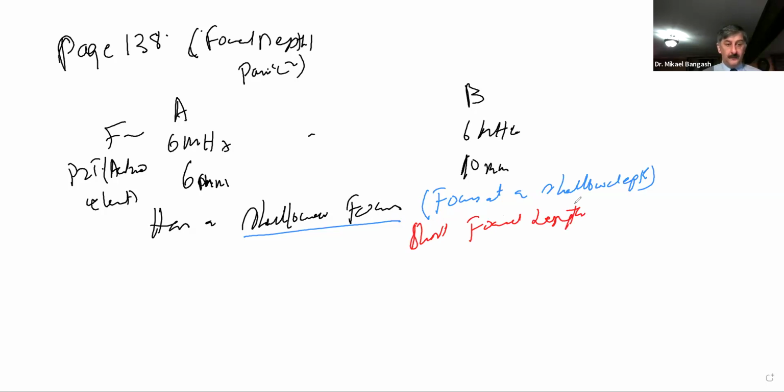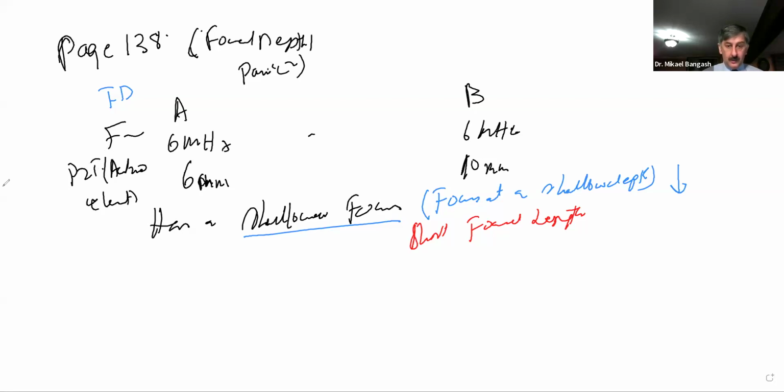So what we're actually looking for is the lowest focal depth. Now we know that your focal depth or focal length is directly proportional to both of the factors here, which were frequency and diameter of the PZT.